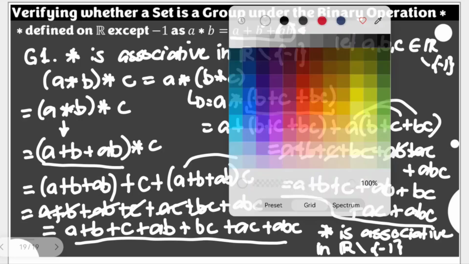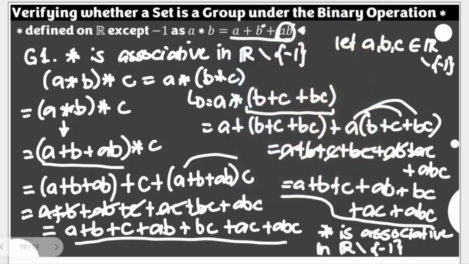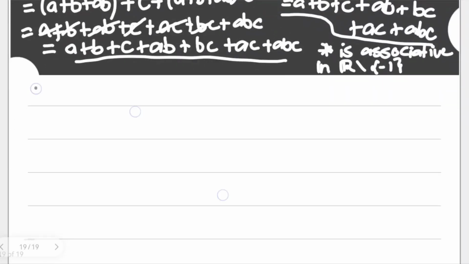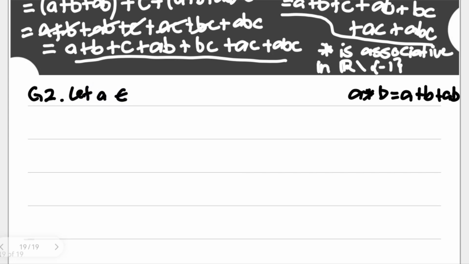Let me use color black here. G2 is all about the existence of the identity element. Take note that the operation A star B is defined as A plus B plus AB. Let's take note of that. So we're going to let a certain A be an element of the real numbers except for the set containing -1.